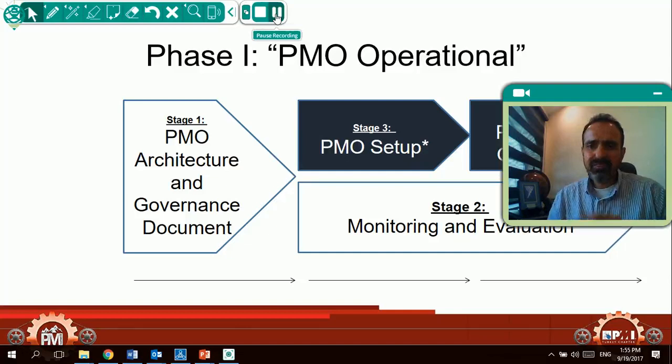A third one, very simple, is to start supporting and building the capacity of the project managers by looking into their training needs, into what their projects require of them as far as capacity, and to build a training program that includes both e-learning as well as classroom learning, or maybe just e-learning.